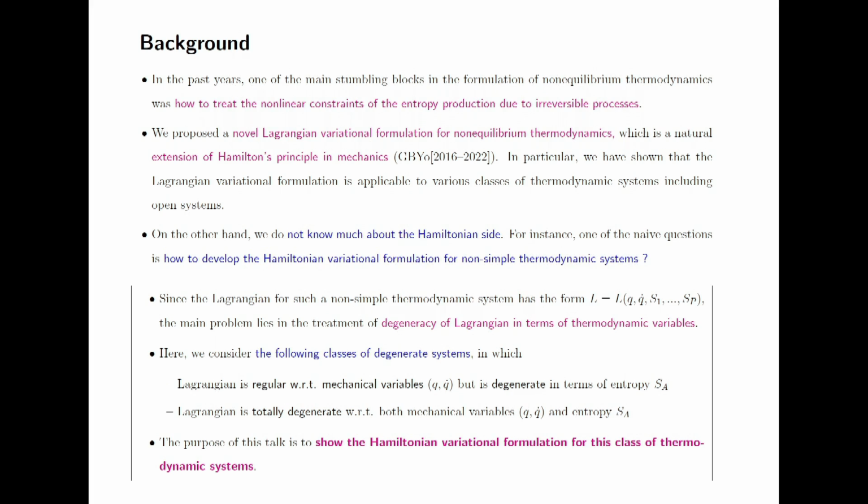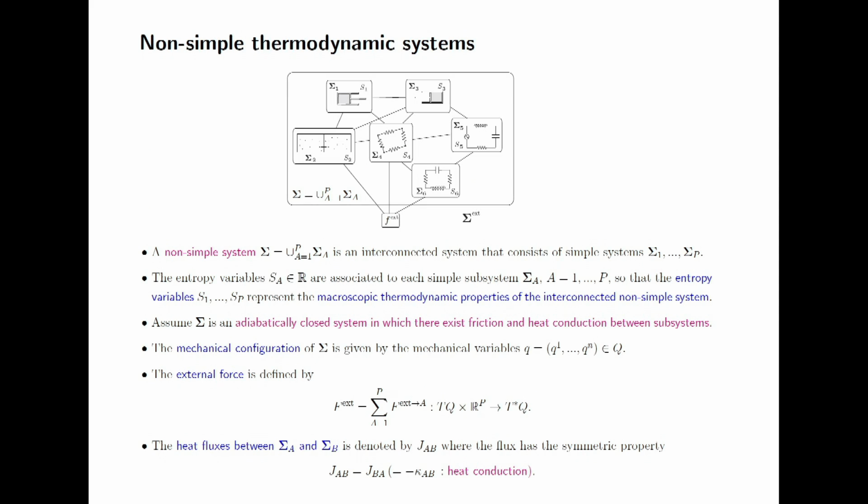One is where we assume that the Lagrangian is hyperregular with respect to q dot, where q are mechanical variables, and only degenerate in terms of entropy variables. The second class is much more non-trivial and totally fully degenerate. I may not have much time for this, so I will mainly explain how to do the first class.